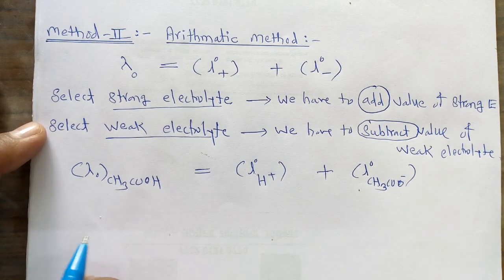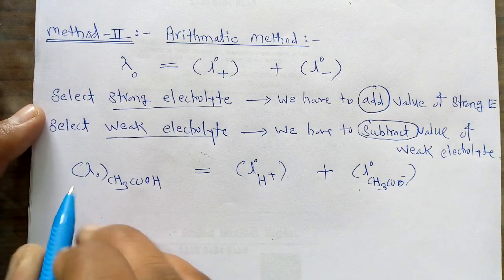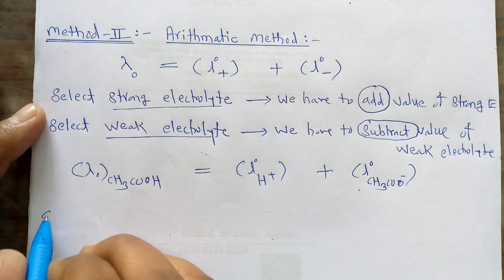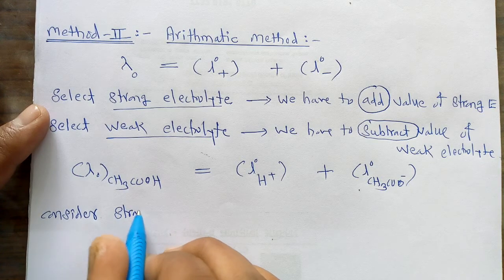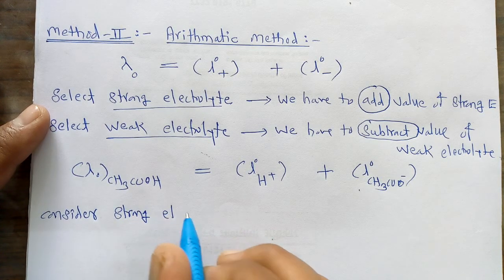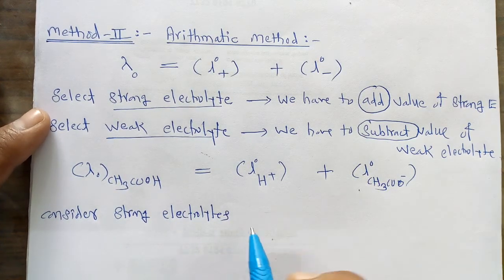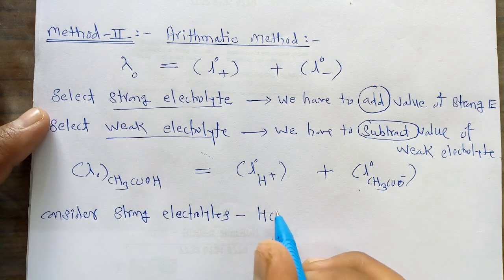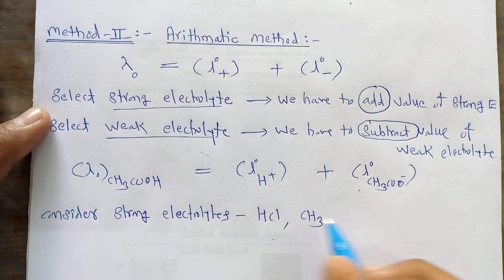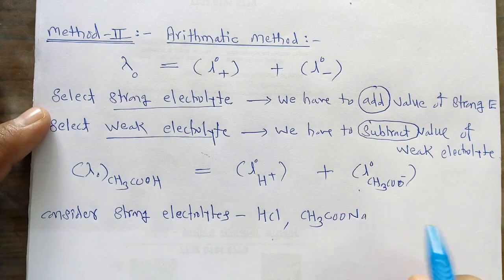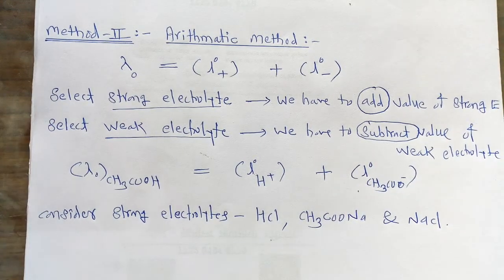The strong electrolytes we consider are HCl, second, sodium acetate, CH3COONa, and NaCl. We have to consider these three different strong electrolytes.